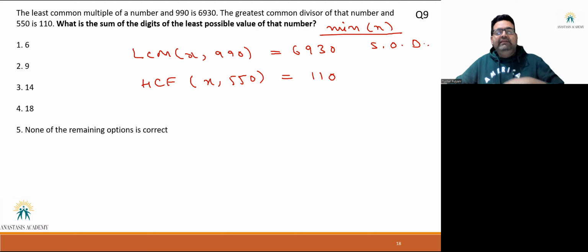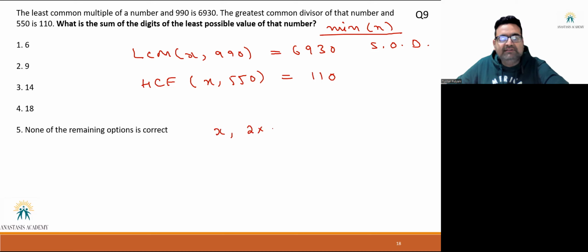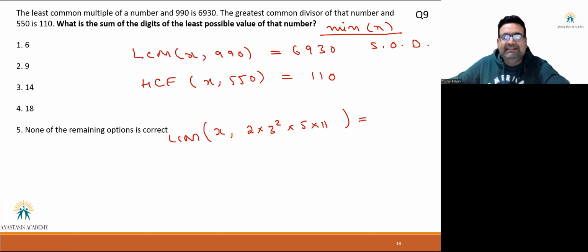Why I was saying easy is because if you understand LCM and HCF in a very conceptual way, you will realize how LCM is calculated, how HCF is calculated. You will see the factors of X. So let us first factorize everything, right? 990 will factorize as 9 into 11 into 2 into 5, so 2 into 3 square into 5 into 11. LCM of this is given to us as 6930.